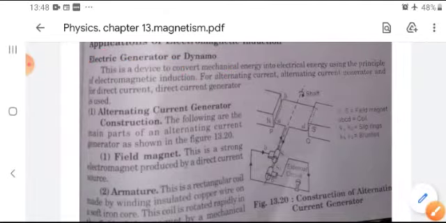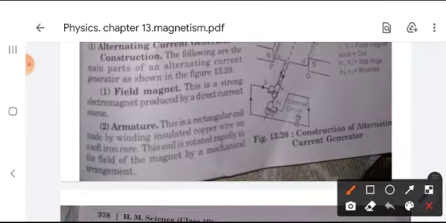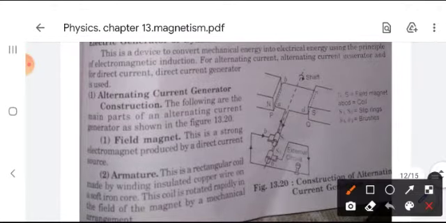As shown in the figure, there is a strong field magnet that has a north pole and south pole, and in between them an armature that carries the electric current, and it is connected outward to the brushes and slip rings.